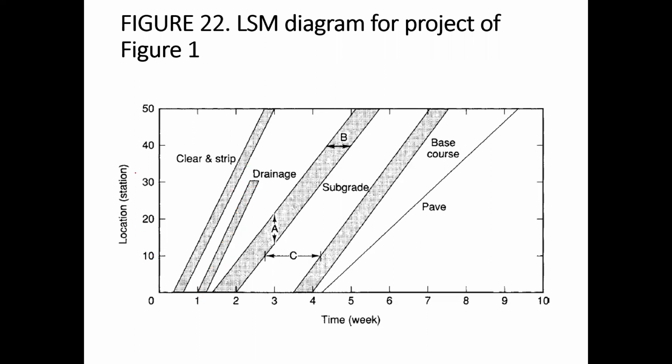On the vertical axis, you can represent the location along the project. If there are a total of 50 stations on this highway project, the progress can be shown by the station numbers 10, 20, 30, 40, etc. And on the horizontal axis, you can represent the time.